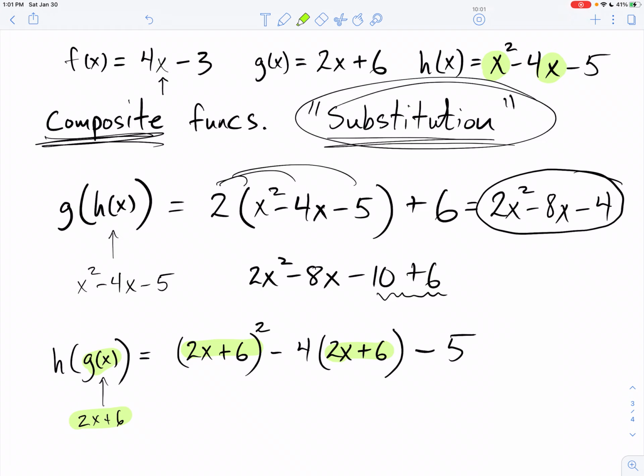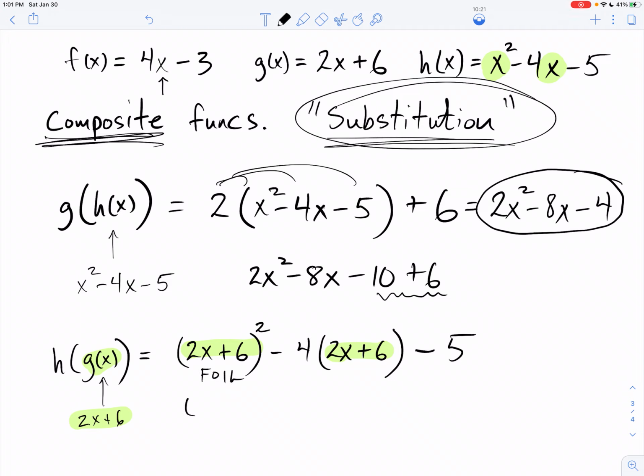Now, I wanted to do one like this because I want to remind you guys, you cannot do this. Drop it like it's hot. Drop it. You can't do that. It's a binomial. You can do that if it's a monomial, but if it's a binomial, you got to do the old FOIL here.